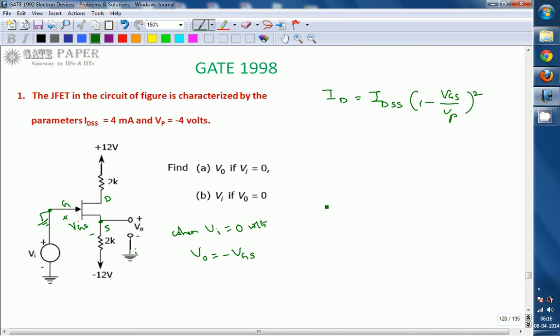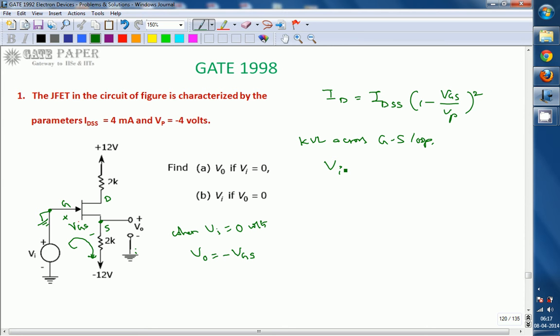We know the IDSS value, and the VP value is given. If you apply the gate source loop, we can write KVL across it.